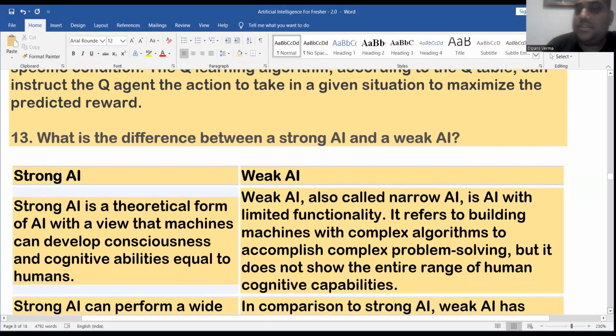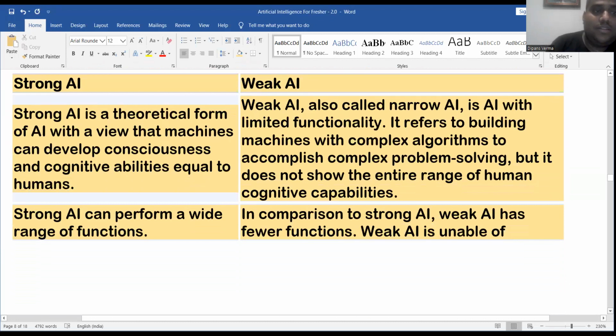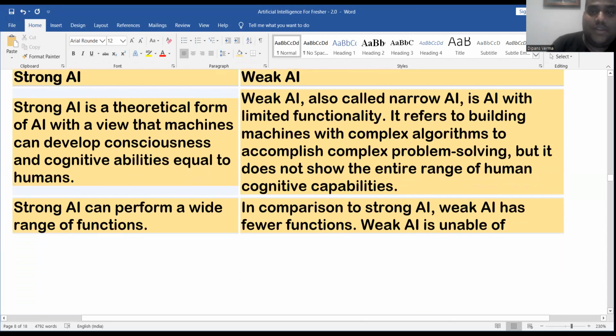What is the difference between strong AI and weak AI? Strong AI is a theoretical form of AI, and weak AI is called narrow AI, or AI with limited functionality. It refers to building a machine with complex algorithms that does not show the entire range of human capability.